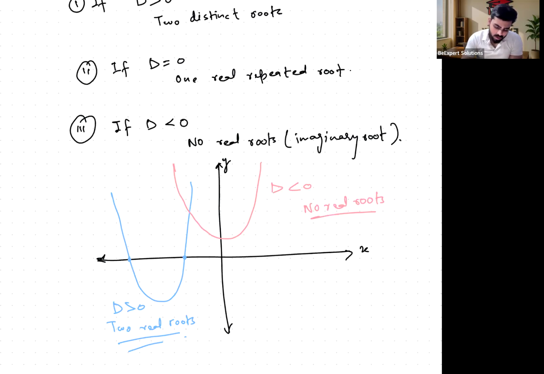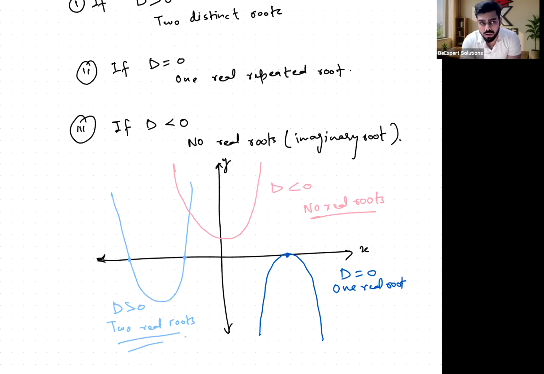And let me make a third diagram also for you guys, where only one root is there. Let's say it is going from here to here. Now this is only cutting at one single point. So that is basically your one real root. Here your D is equal to zero.